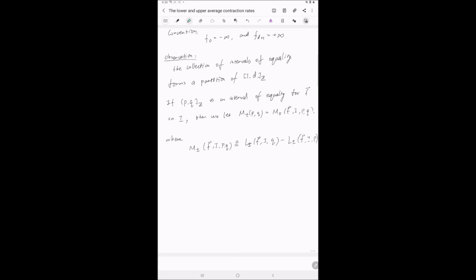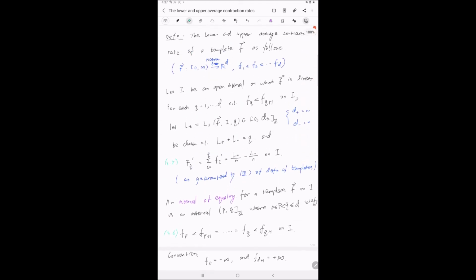Remember that this is defined in the beginning as a solution to a system of equations.